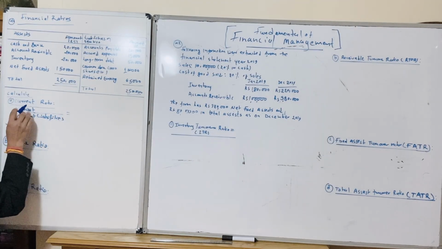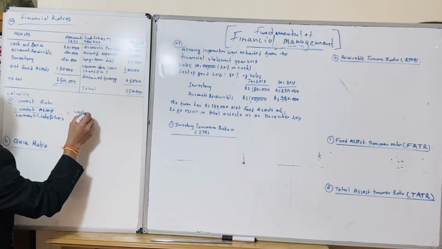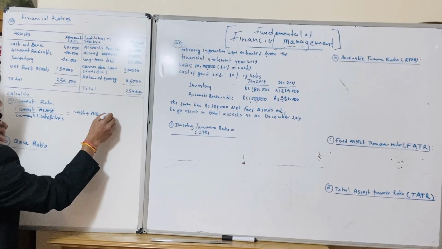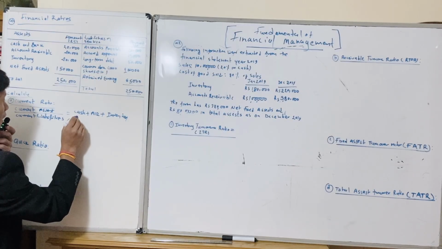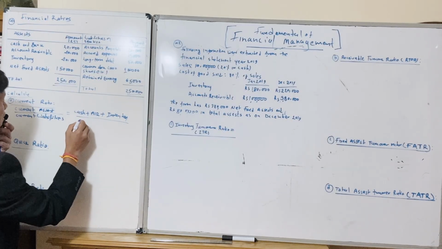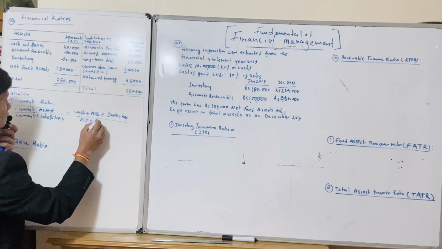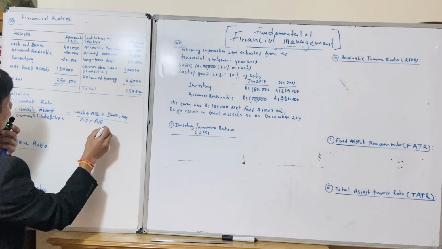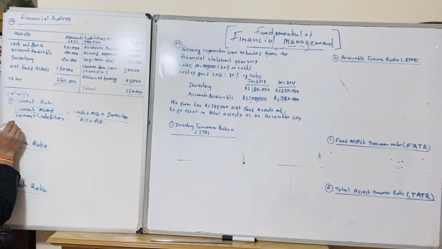In this example, the current assets are cash plus accounts receivable plus inventory, and the current liabilities are accounts payable plus accrued expenses. Only these two.